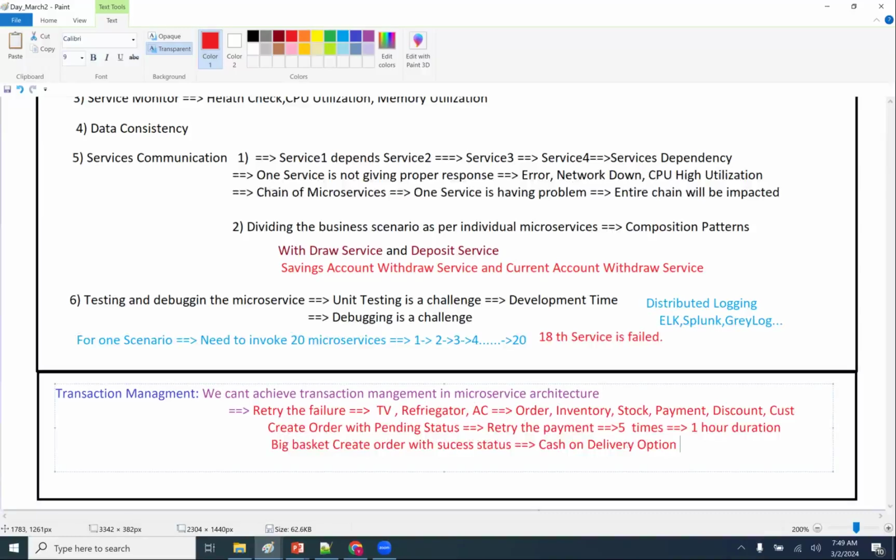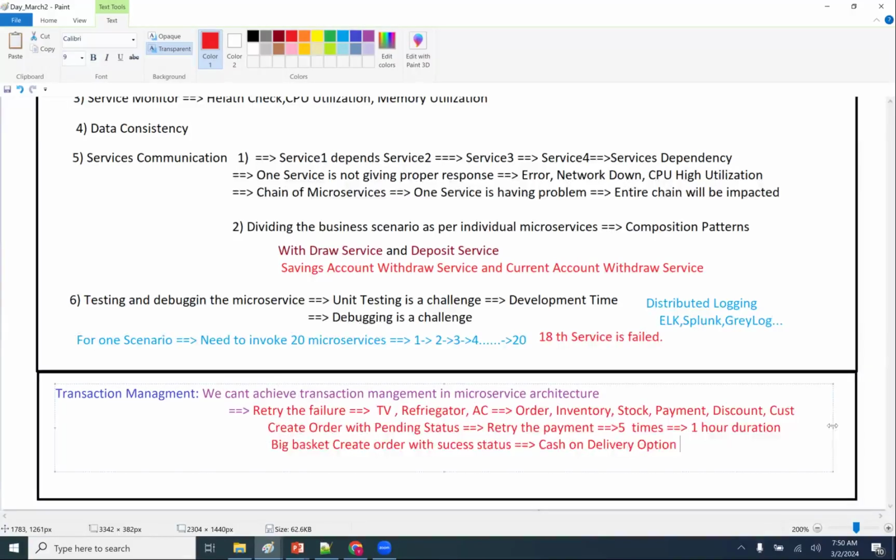But we will retry the payment 5 times. We will give you, after 1 hour, the option to go to your cart. You can try your payment again, where you can change the mode of the payment. After 1 hour, the system will not retry; you can try again. For example, you have a credit card, maybe the credit card is not working.